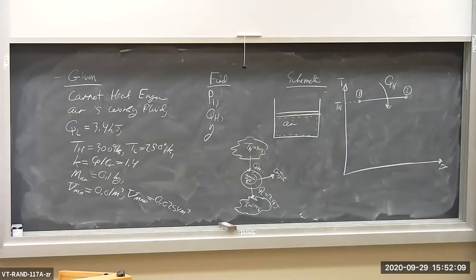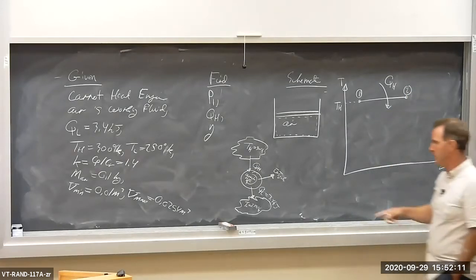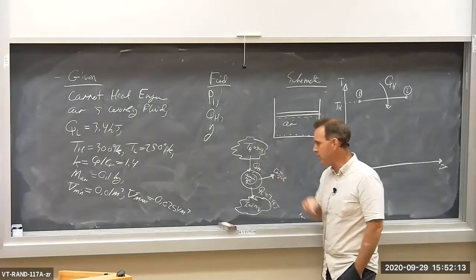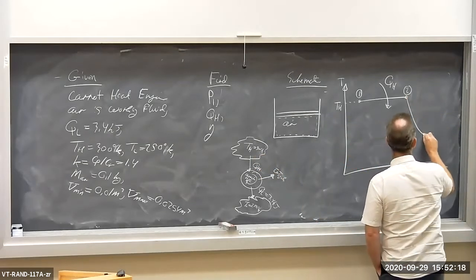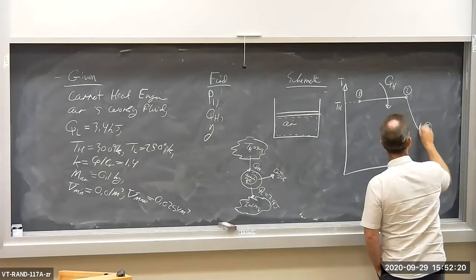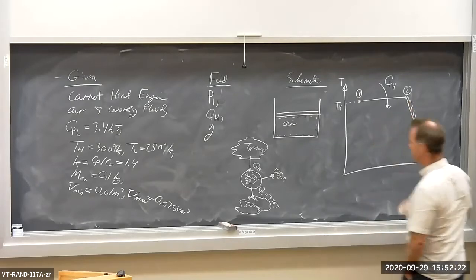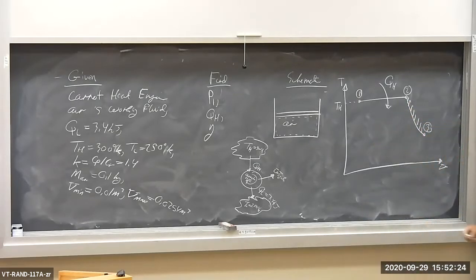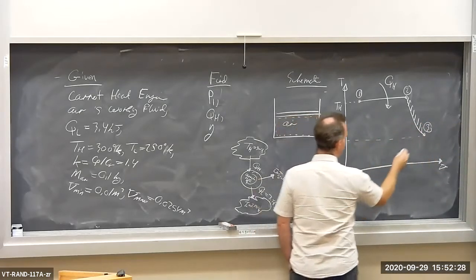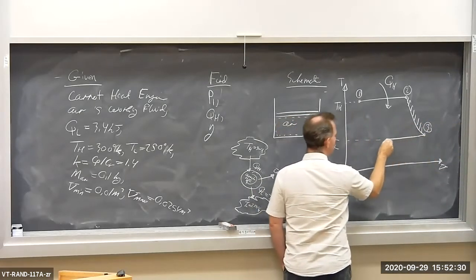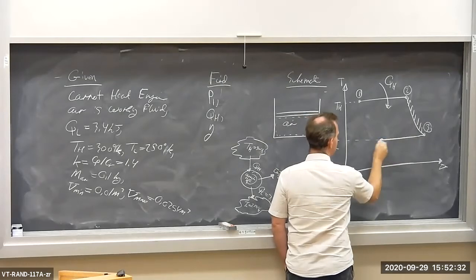Isothermal heat addition from the high temperature reservoir. Then we have adiabatic expansion down to T low. And then we have isothermal heat rejection to state 4.